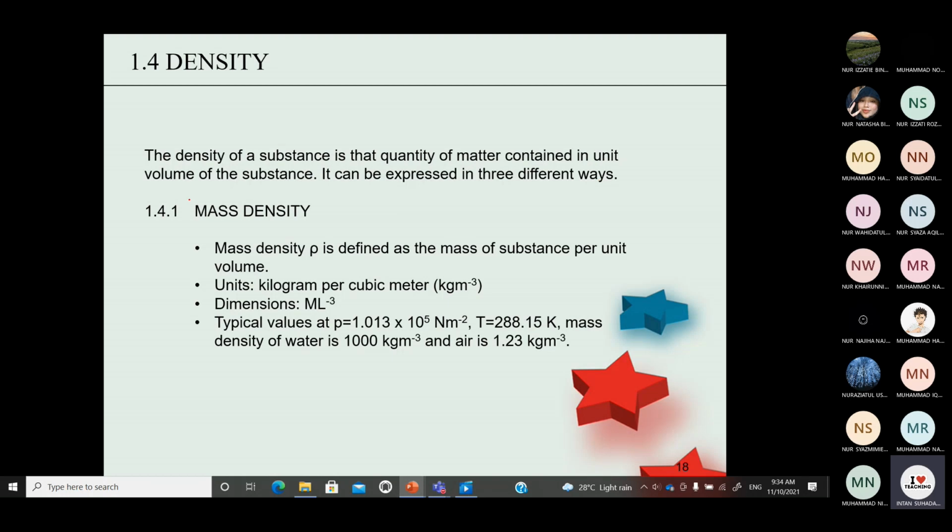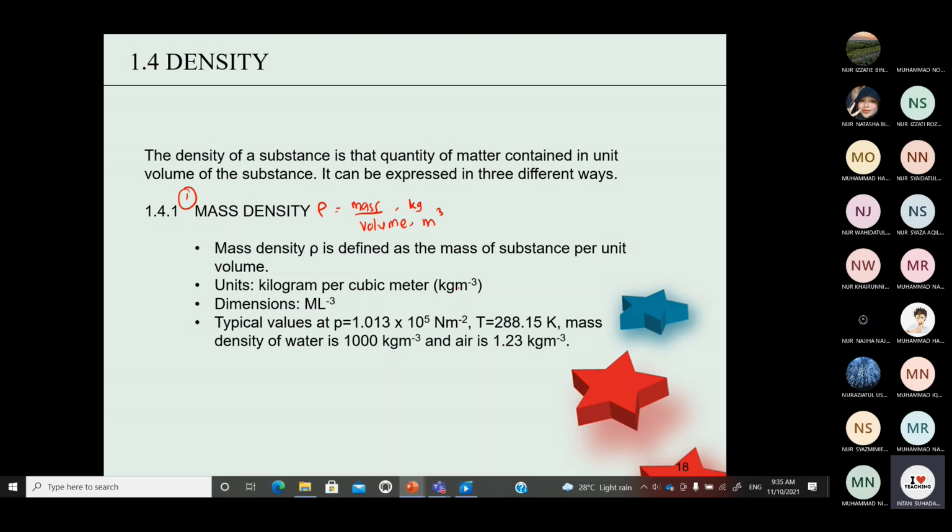The first one you want to look at is mass density, which we call rho. This is the symbol. Mass density means mass over volume, so mass in kg over meter cube.